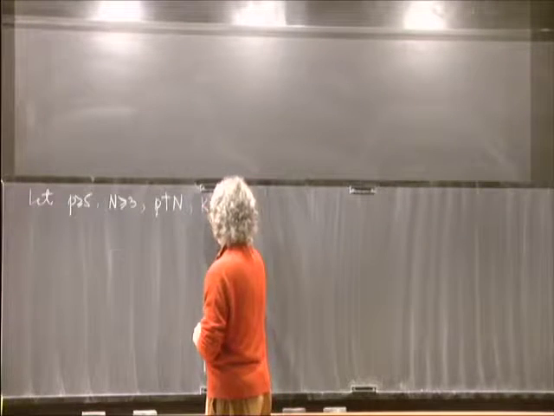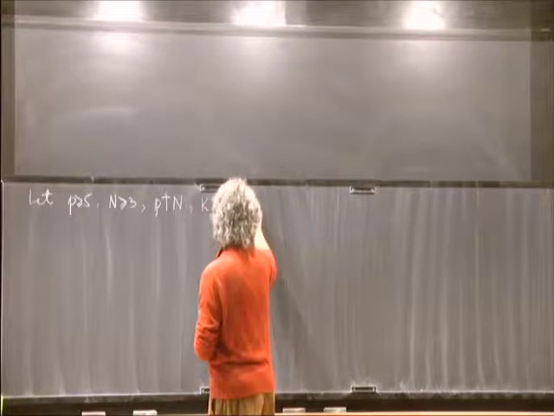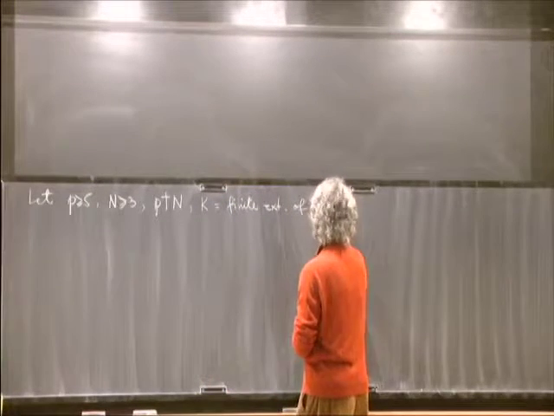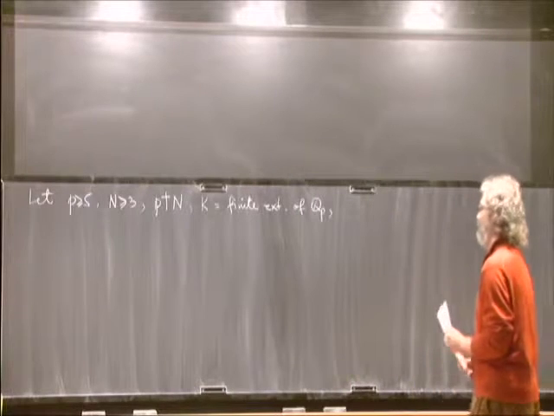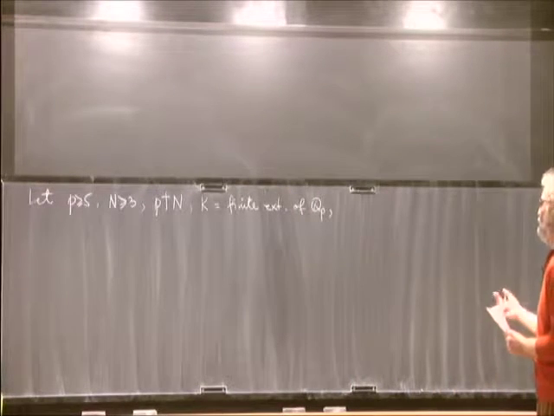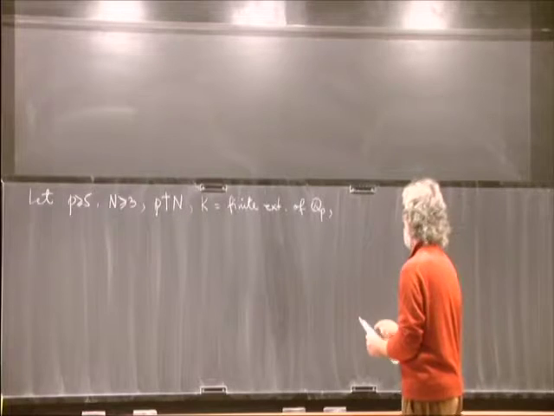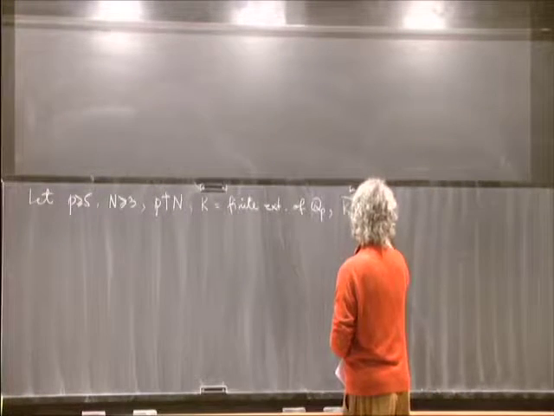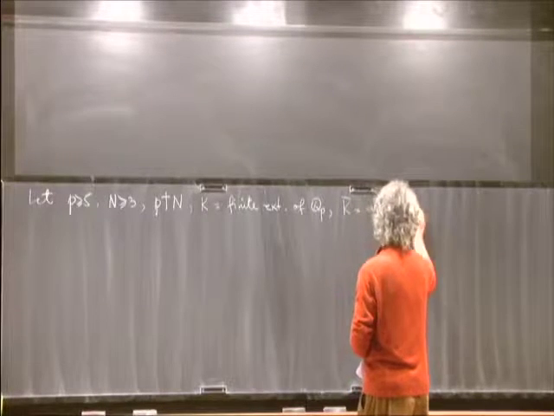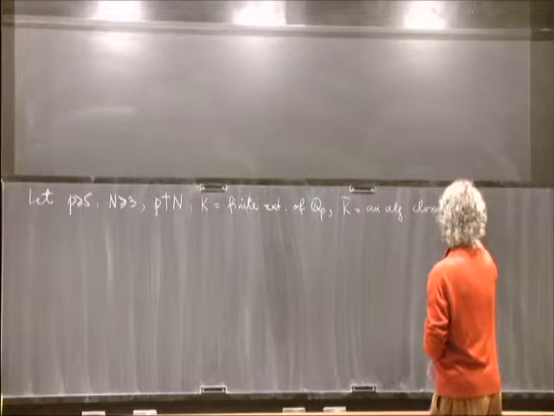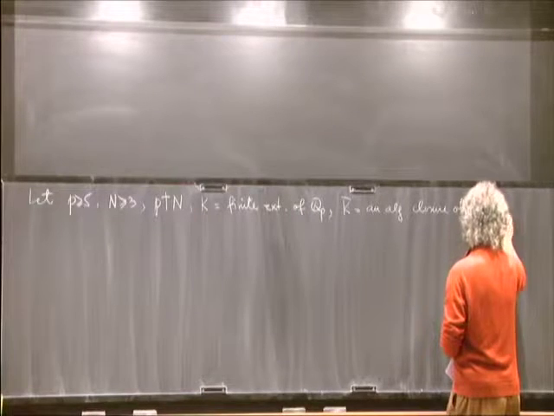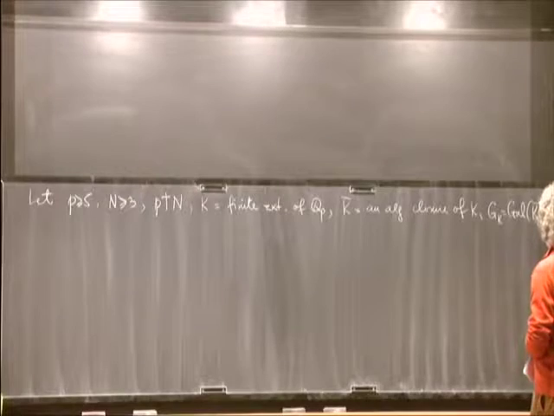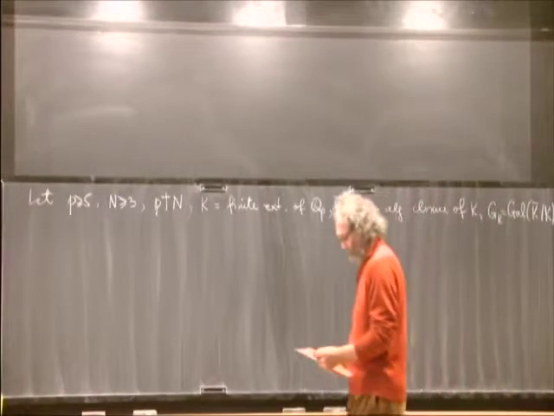I'd like to fix K, a finite extension of Q_p, which I'm going to suppose large, and we'll see how large we need it to be. And let us fix K bar, an algebraic closure of K, and G_K the Galois group of K bar over K.